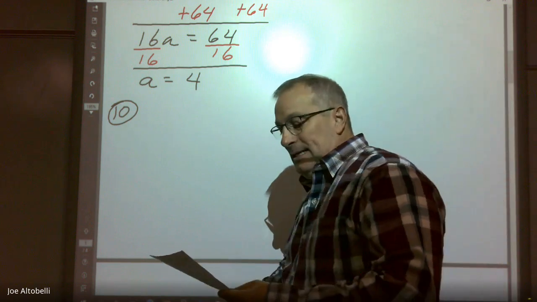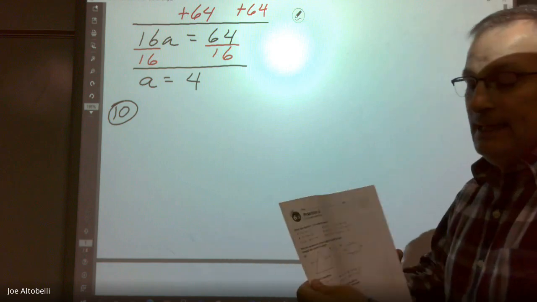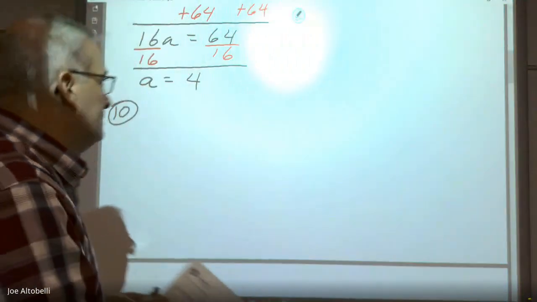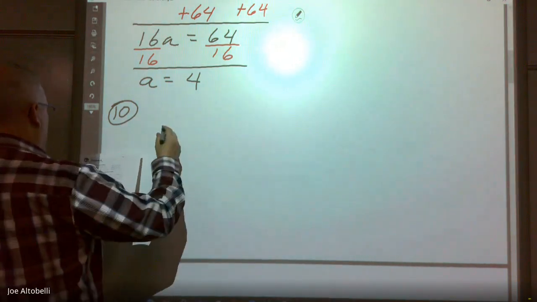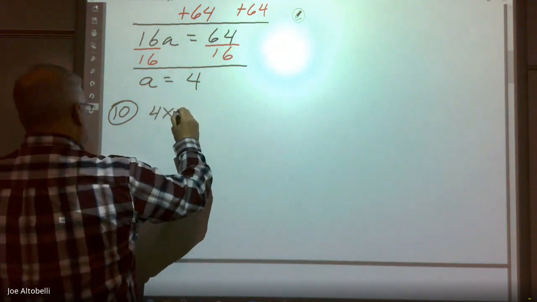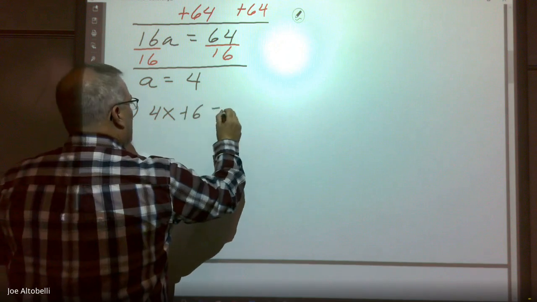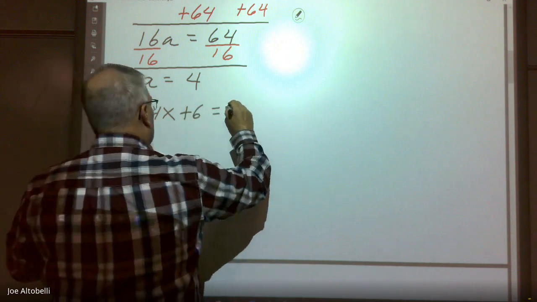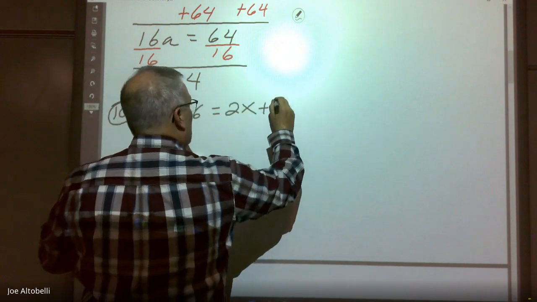So what that means is from your picture here, this value right here that I'm covering up, the 4x plus 6, has to equal the other expression, 2x plus 10. So that means my 4x plus 6 is equal to the 2x plus 10.